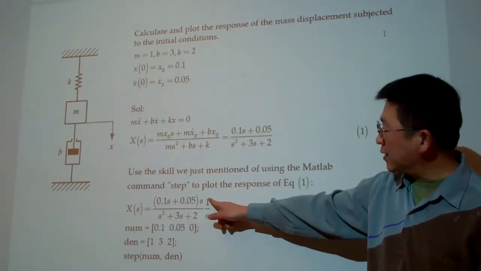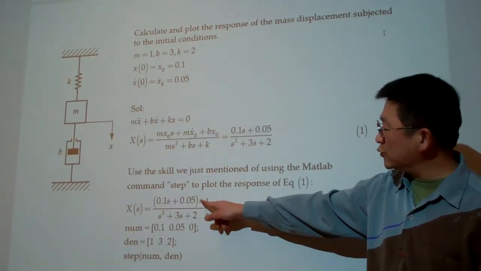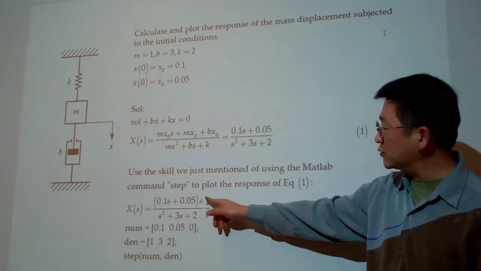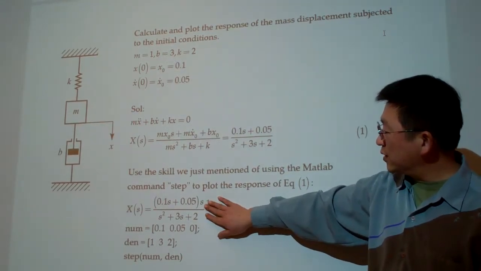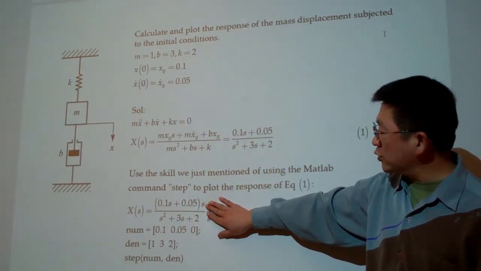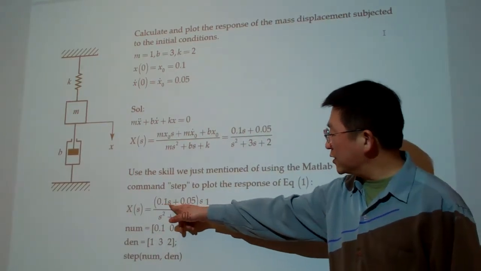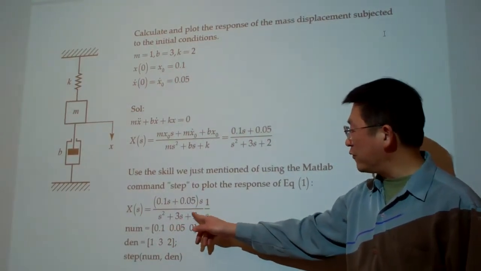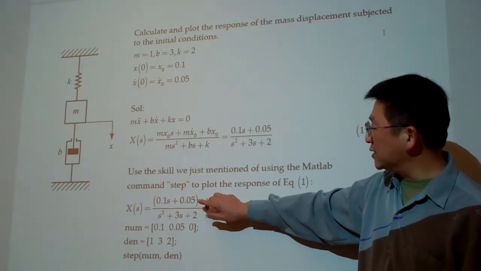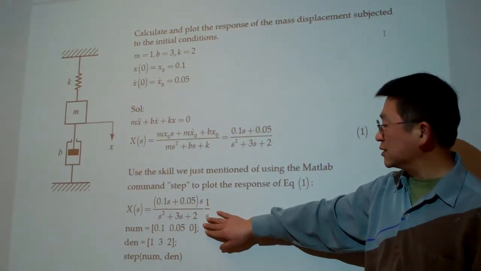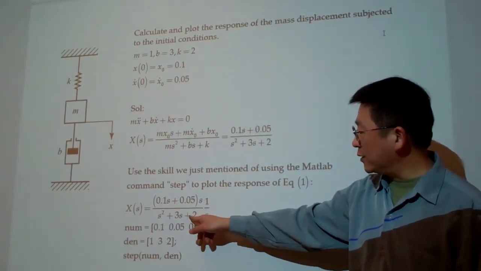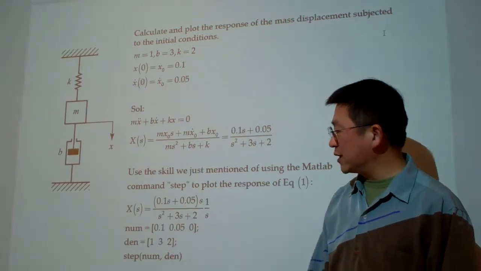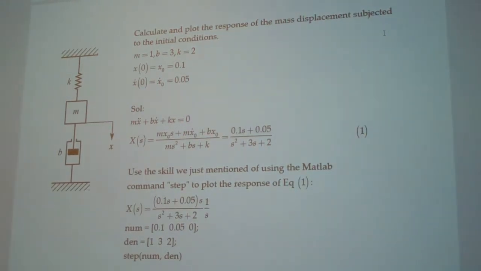I have the 1 over s, so the original system must be multiplied with s to make it equal. So the numerator should be 0.105 and 0, because the numerator right now is a second order system. The denominator is 1 3 2. We take the step, then we have x of t plotted.